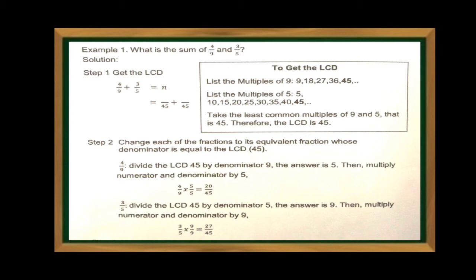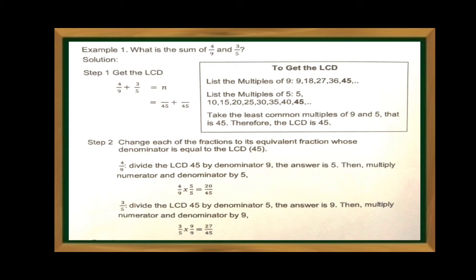Then the multiples of 5 are 5, 10, 15, 20, 25, 30, 35, 40, 45, and so on. So take the least common multiple of 9 and 5, that is 45. Therefore, the LCD is 45.